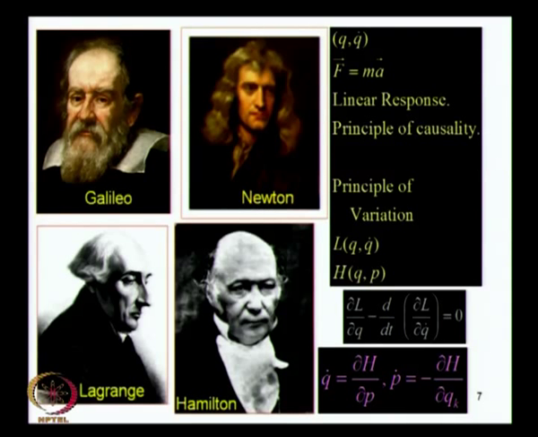Given initial conditions, you can track the development of the mechanical system. So, this is how problems are solved in mechanics, and we have also learned that both of these techniques, whether based on the Newtonian principle of linear response and causality, or on the principle of variation of Hamilton, you get essentially the same results.